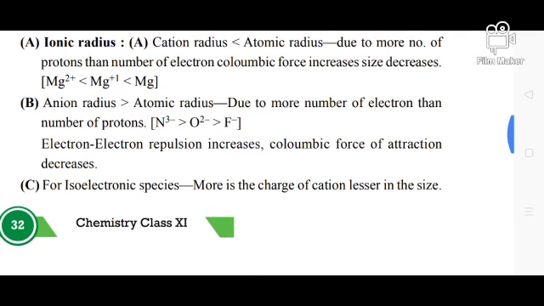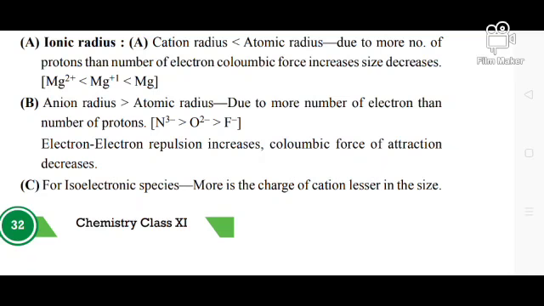Because the electrons have already been removed. Magnesium with a +1 charge has only one electron removed, but in the previous one, magnesium 2+, two electrons are already removed. So the ionic radius goes on decreasing.